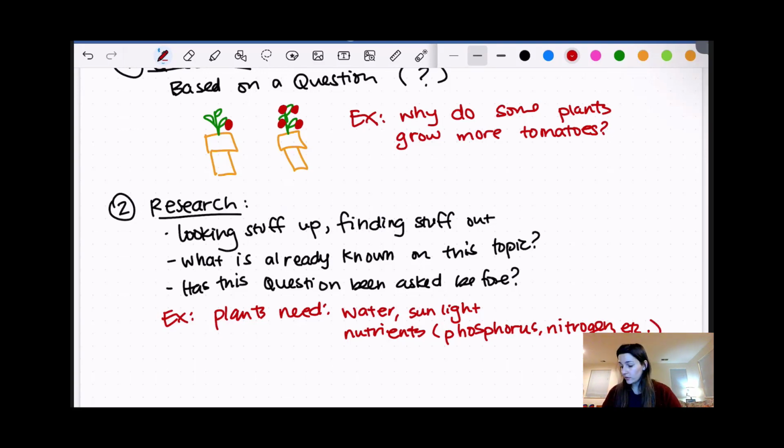We could also find out that plants do photosynthesis. That's good.